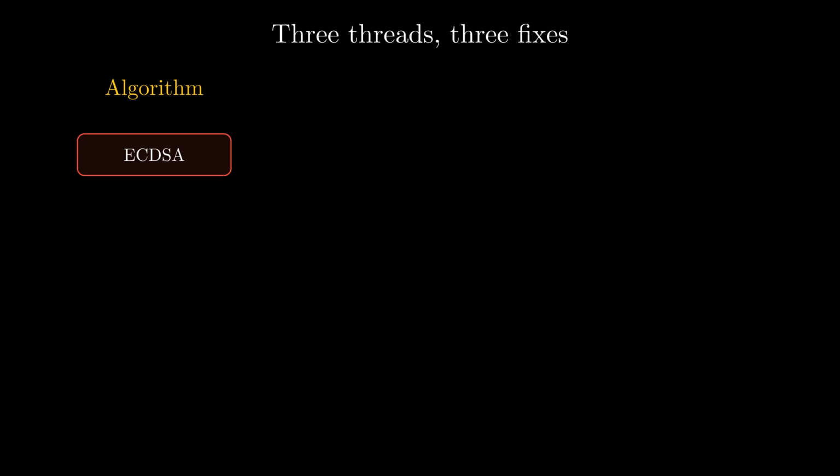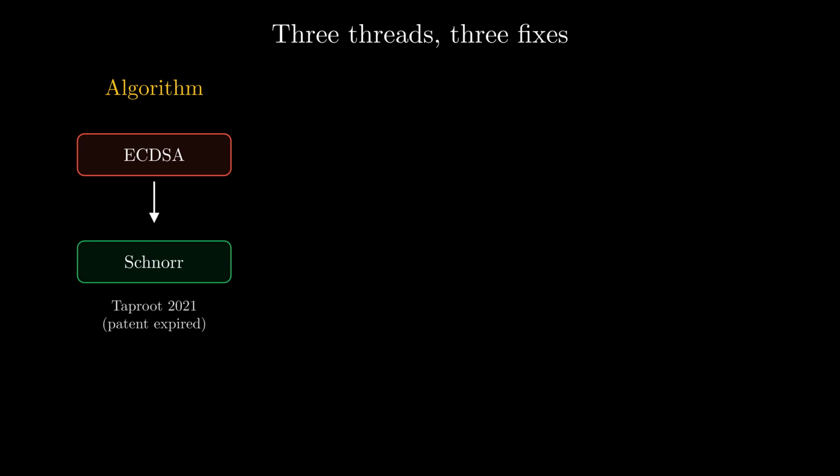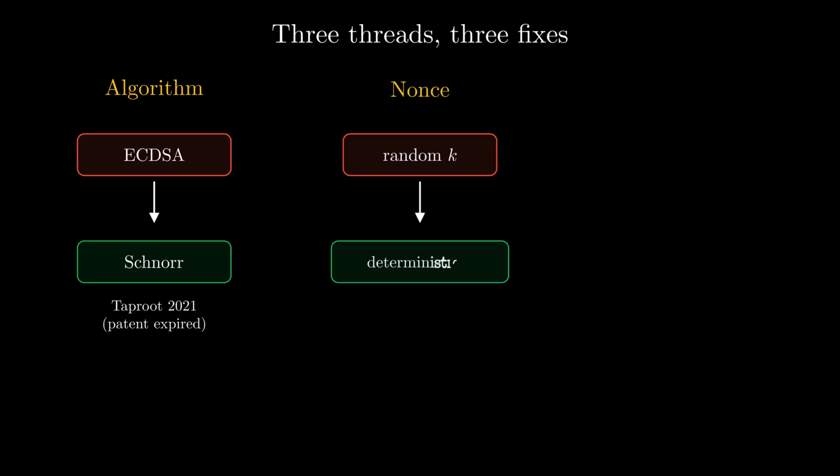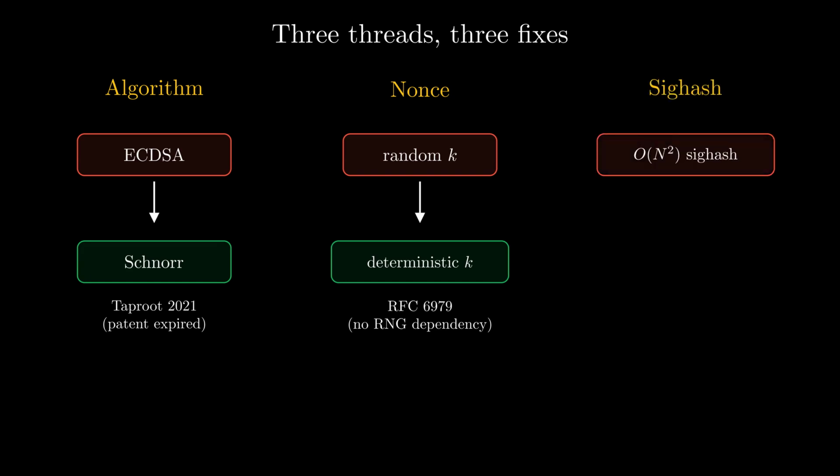Three threads, three fixes. Algorithm choice: ECDSA shipped because Schnorr was patent locked, and Taproot finally activated Schnorr in 2021, closing a loop that opened in 1989. Nonce discipline: RFC 6979 made deterministic K mandatory, so a broken RNG can no longer leak your private key.